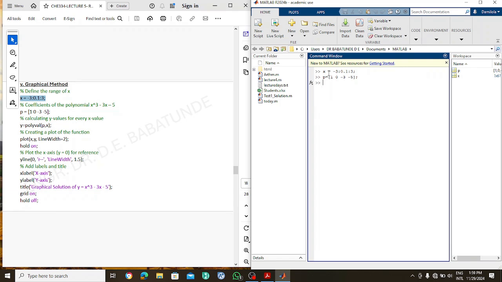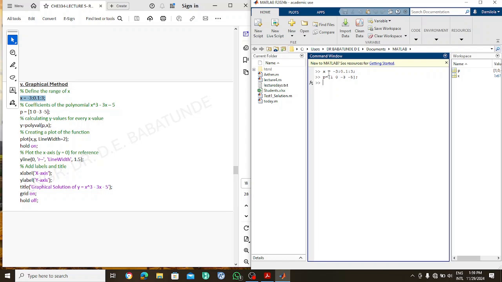So I have that. So I can call a function called polyval. Polyval. So when I call polyval, I will pass in my value of p, which is the coefficient of the powers inside my function. Then I'm going to connect it to x. So that means I'm going to supply p and x. If I don't supply x, there is no way my y will have any meaning related to x.